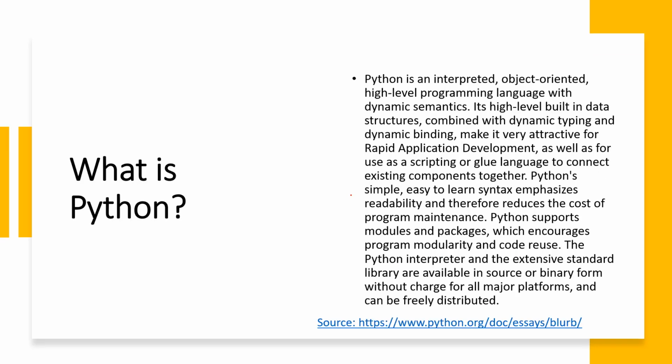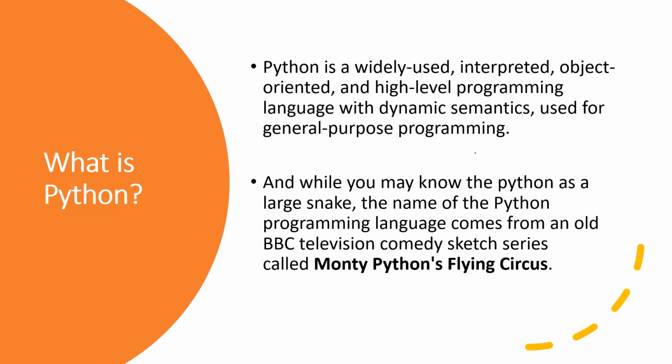Now, what is Python? You can go to the link from python.org to get into the basics of Python. It is an interpreted, object-oriented, high-level programming language with dynamic semantics, combined with dynamic typing and dynamic binding. There's a formal definition over there, so you can go and read it.